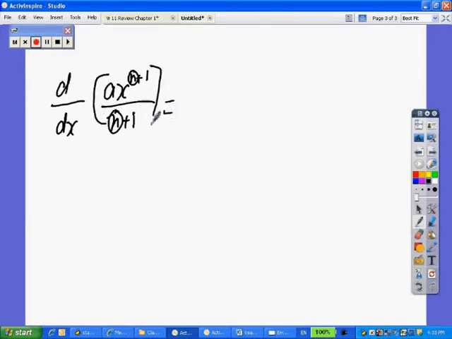The derivative of this whole thing is going to equal a x to the power n.